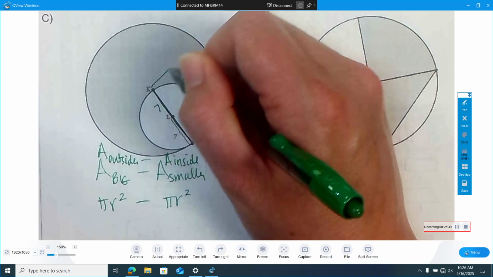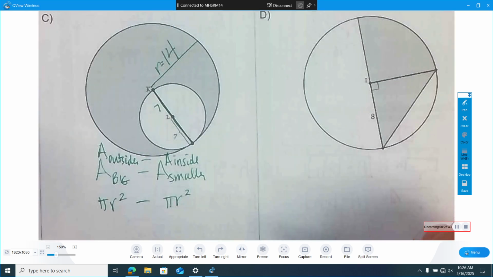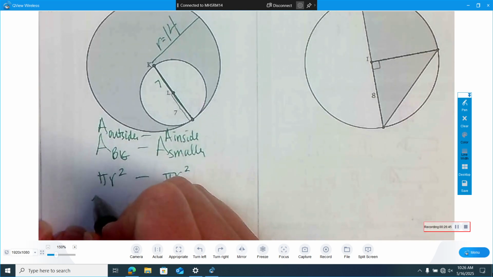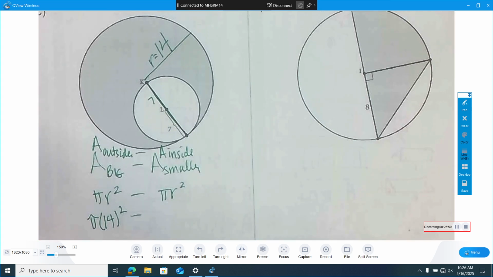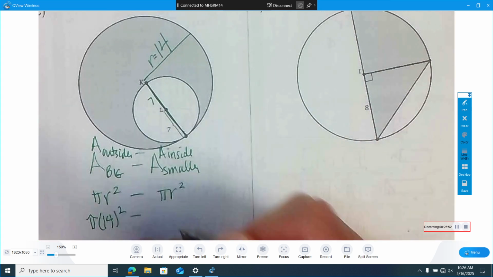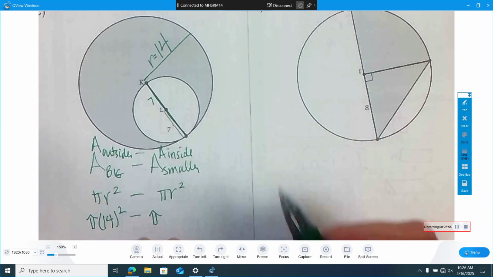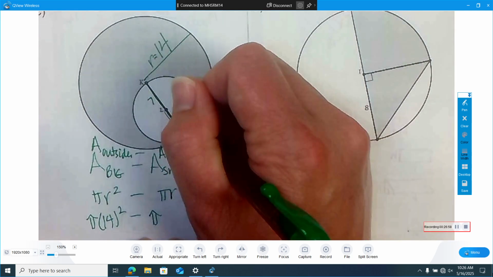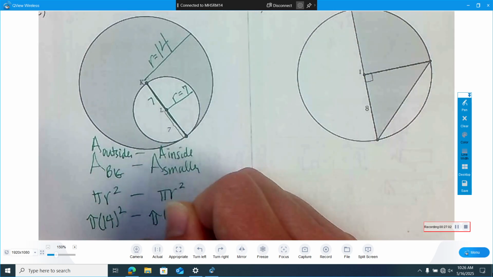So our big radius is 14. And so this is going to be pi times 14 squared minus our little circle, which is, what's the radius of our little circle? 7. So there's our little radius, which is 7.